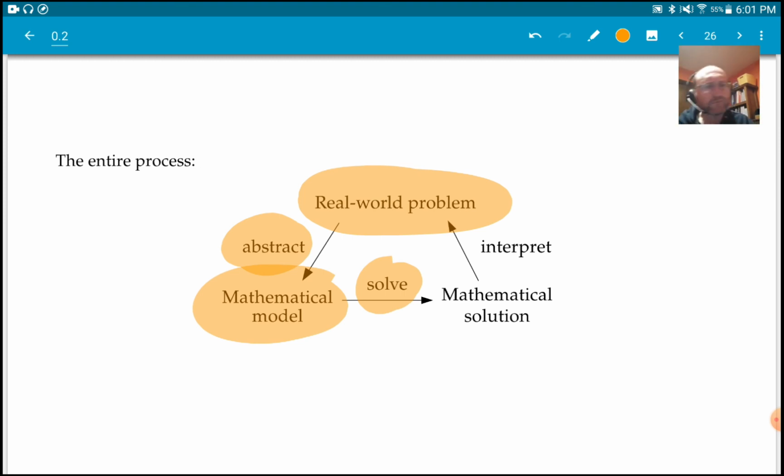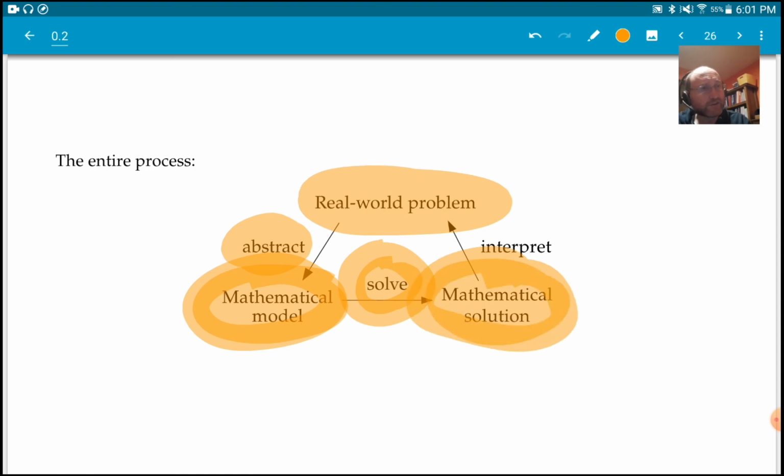That's what we're going to spend most of the time in this course on, this solve step, right? And we're going to get a solution to this model, so maybe this is a solution to the differential equation.